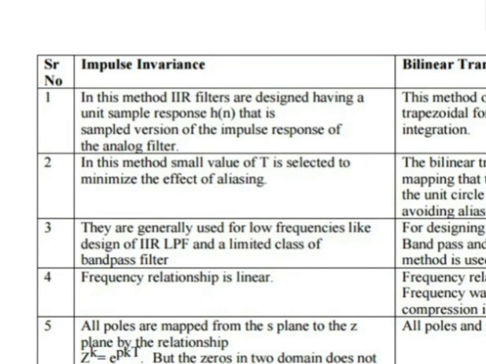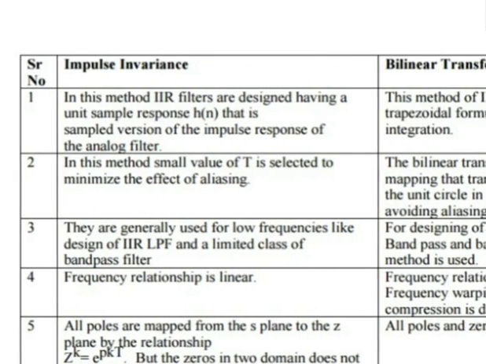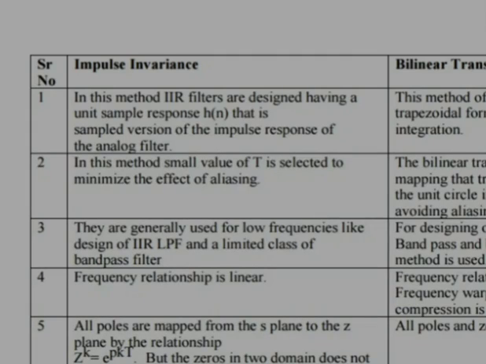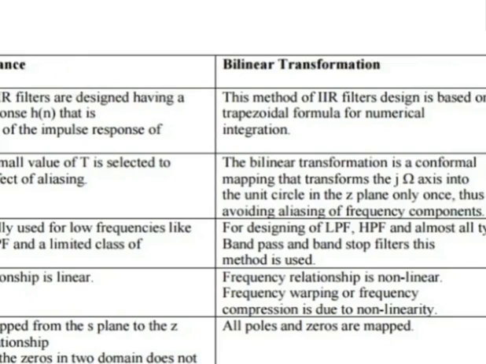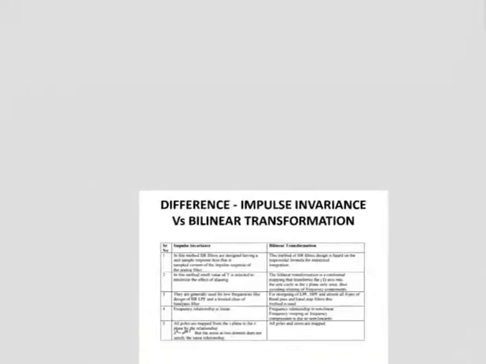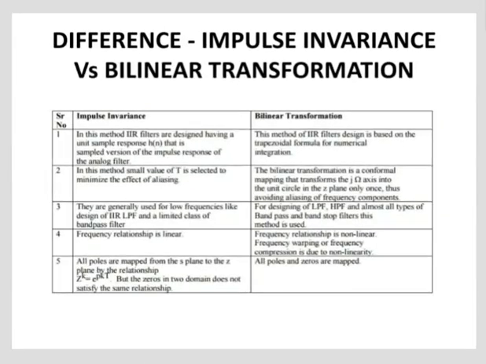In impulse invariance, all poles are mapped from the S plane to the Z plane by the relationship z_k equal to e raised to p_k T, but the zeros in the two domains do not satisfy the same relationship. While in bilinear transformation, all poles and zeros are mapped. Thank you.